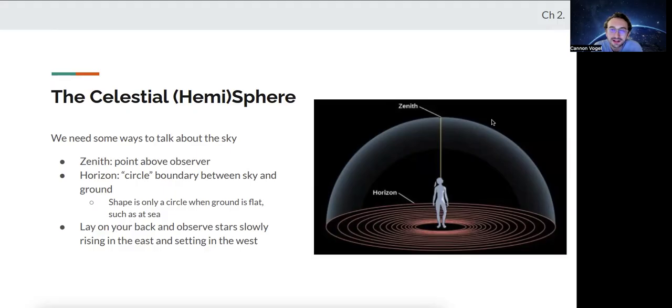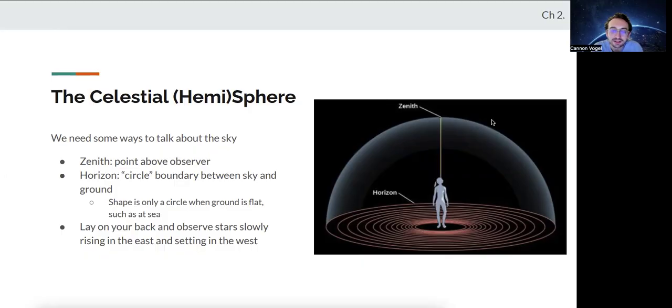That horizon is only perfectly flat and circular if you're out at sea, where, hopefully, the waves aren't too tall. On land, there tend to be mountains or houses or random other things in the way, but it'll be roughly circular.